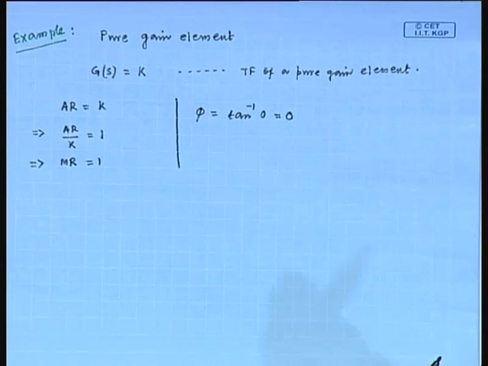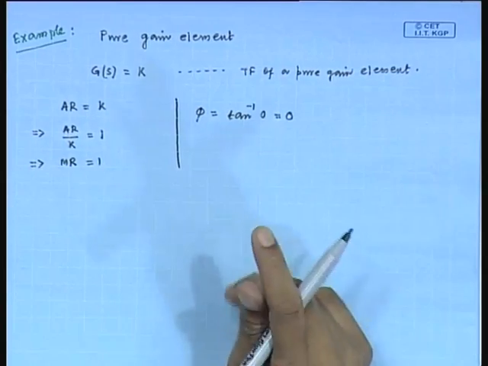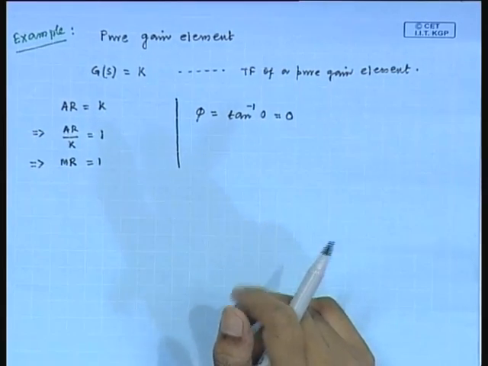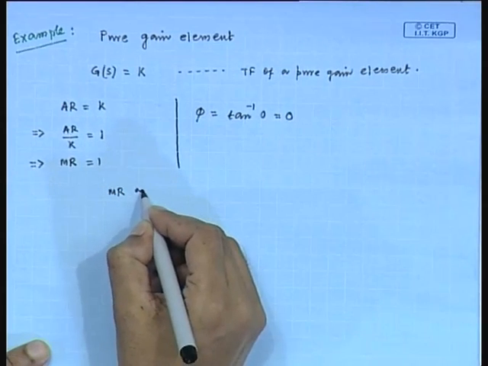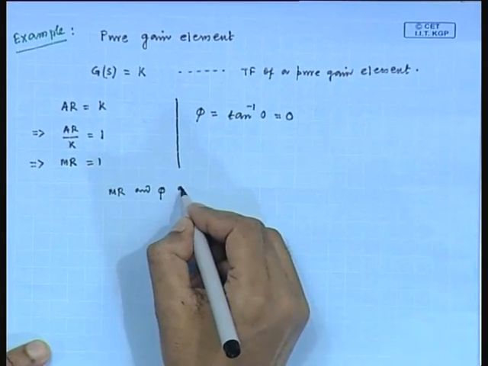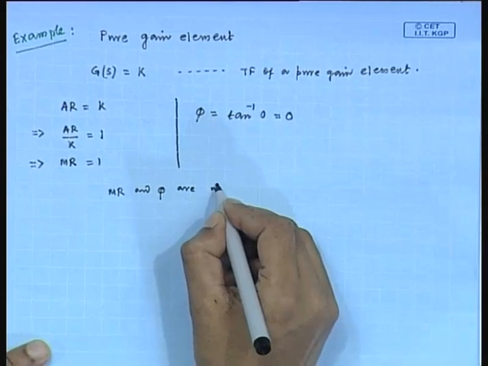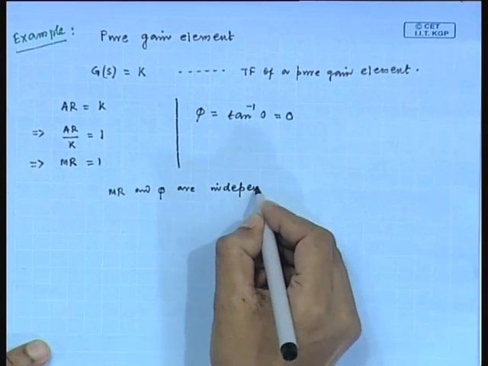Now, Bode plot considers the variation of amplitude ratio and phi with omega, but here you see both magnitude ratio and phi are independent of omega.